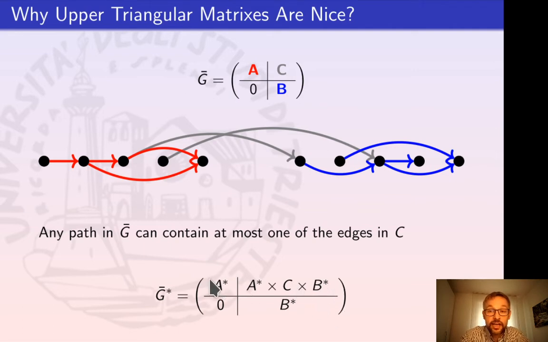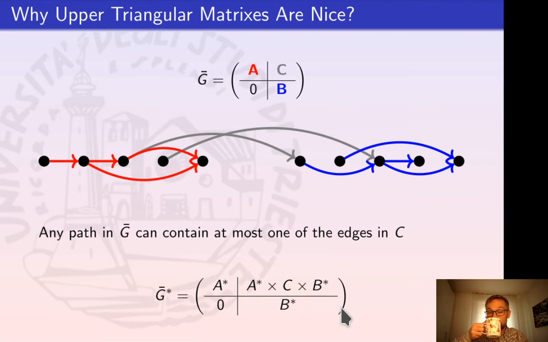Why? Because again, all the paths in the first part of the topological sort consist exclusively of edges in this part, and this is represented by this submatrix. All the paths touching exclusively nodes in the last part of the topological sort are represented by this matrix, while all the paths moving from this part to this part are represented by this submatrix.